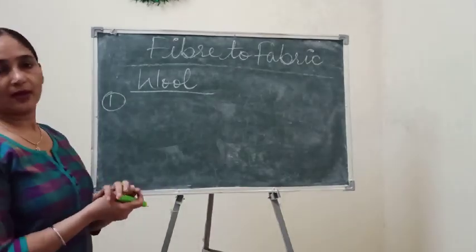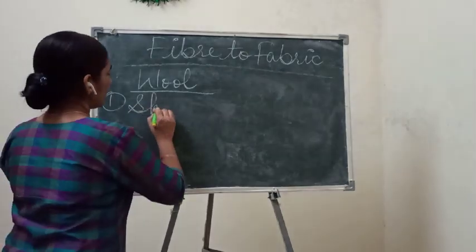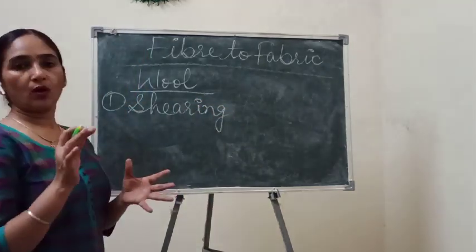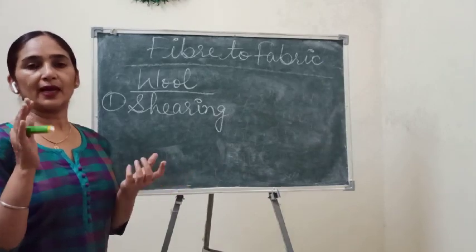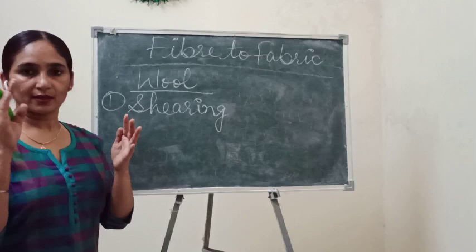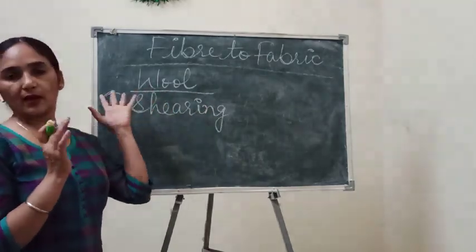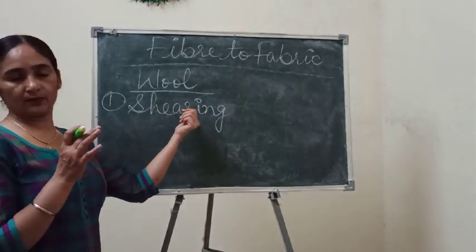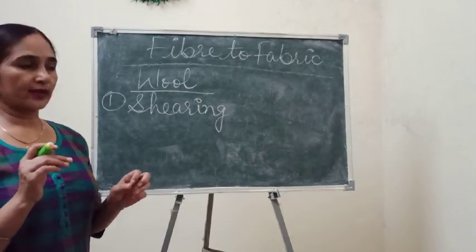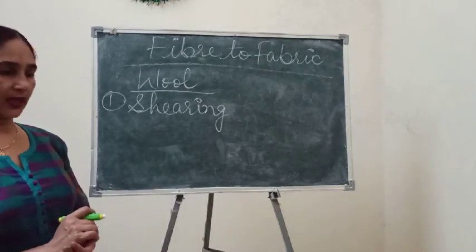The first step is shearing. Shearing means to remove the hair of animals with the help of shears, those instruments which are used to shave off those animals. That process is called shearing. Under this process we remove the hair of animals.